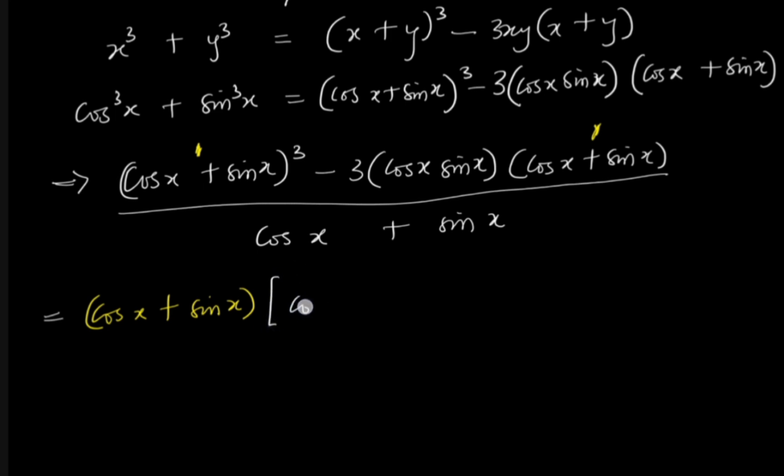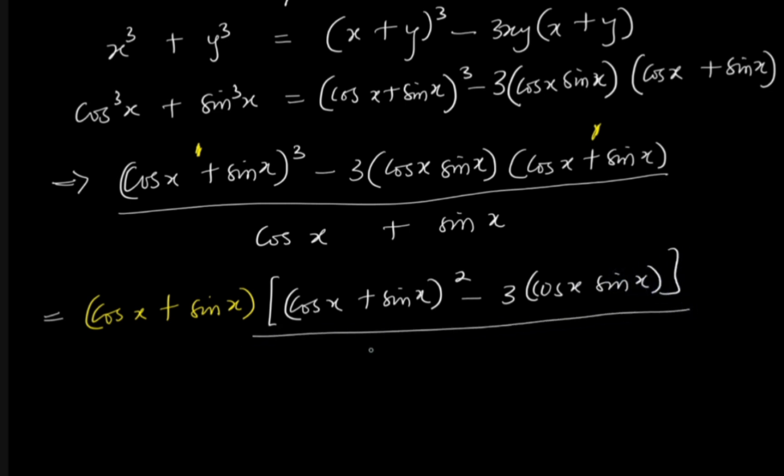Then you would have (cos x plus sine x) all squared here minus 3 cos x sine x, all over cos x plus sine x.